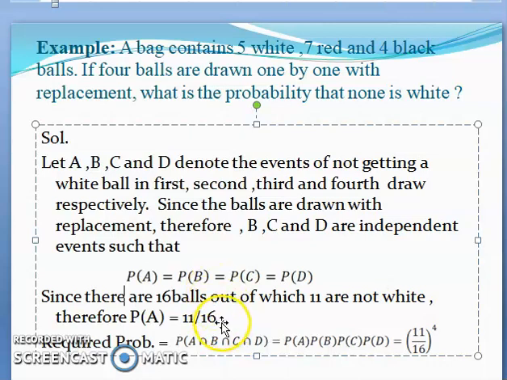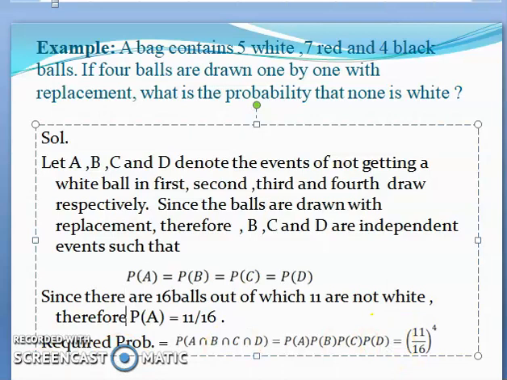Similarly, the probability of B is also 11 by 16, and the probability of C is also 11 by 16, and the probability of D is also 11 by 16. Now the required probability of A intersection B intersection C intersection D equals P(A) times P(B) times P(C) times P(D), which equals (11/16) to the power 4. So this is the required result of the probability.